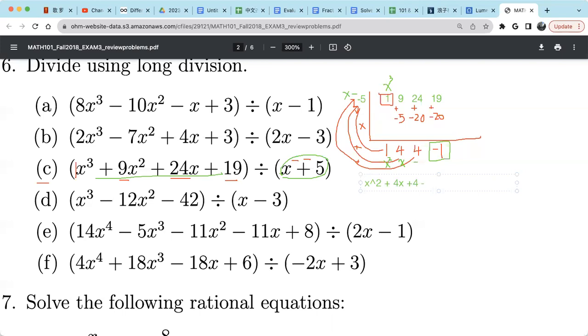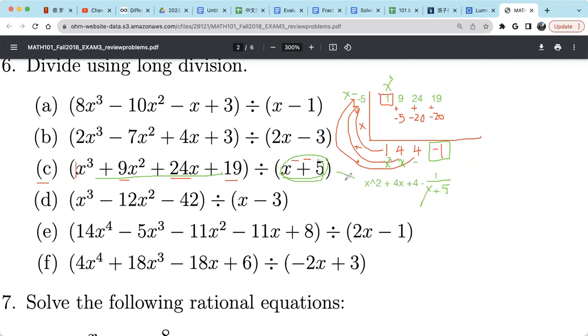The remainder is a fraction. Minus 1 over the divisor. What's our divisor? x plus 5.